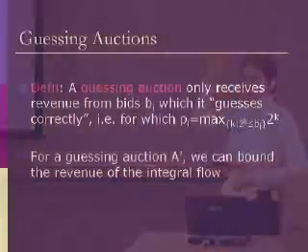We can get around this with a trick we call guessing auctions. So I'm going to take any randomized auction, and I'm going to show you a reduction to a guessing auction, where a guessing auction only receives revenue from the bids that it guesses correctly. And by guess correctly, I mean it guesses the largest power of 2 that fits underneath the bid.